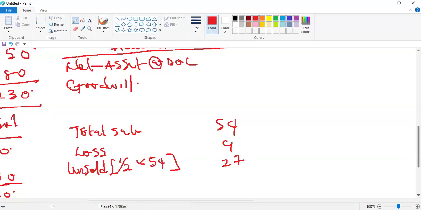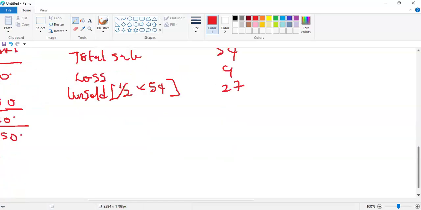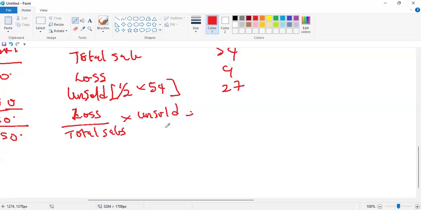I will now apply the formula for profit, but this time I say loss over total sales times unsold. What is the loss? We have 9 over 54 times 27, 4.5.